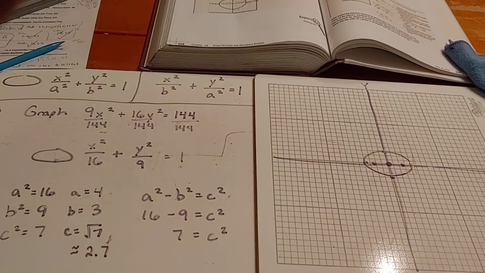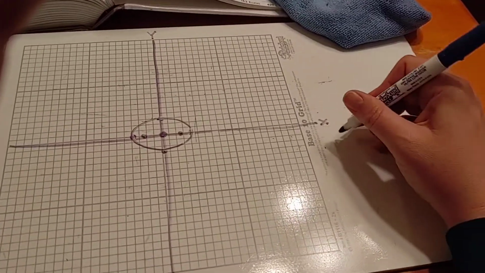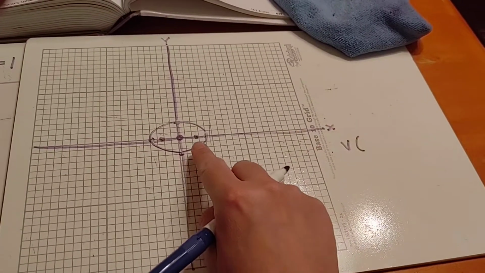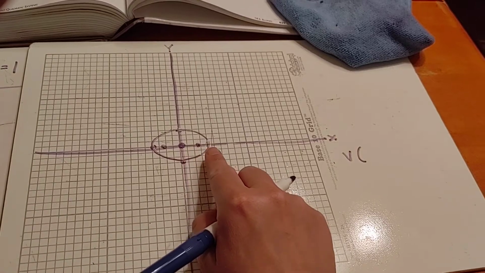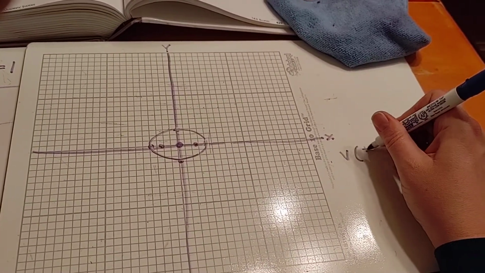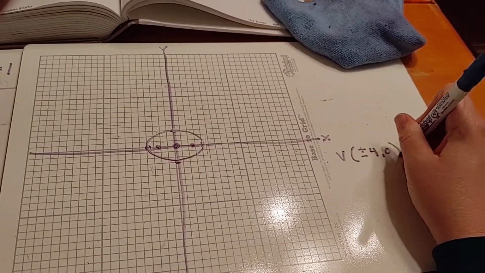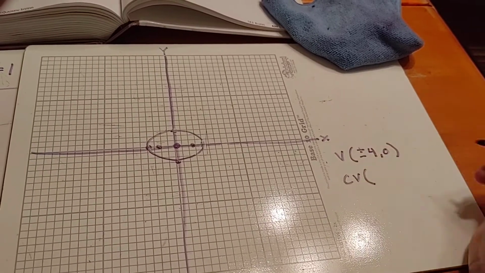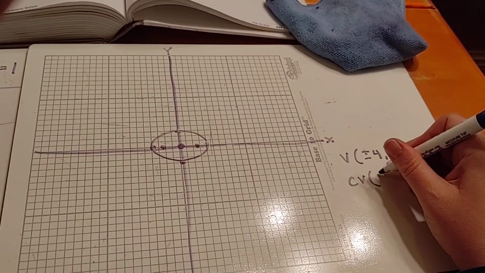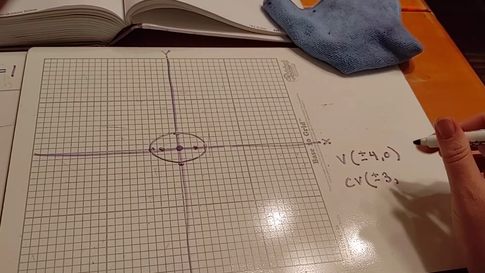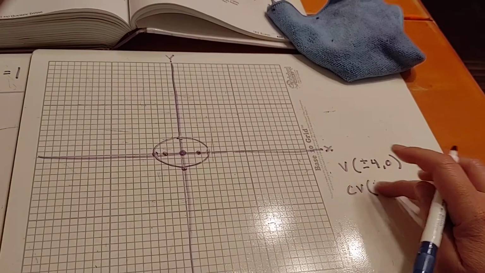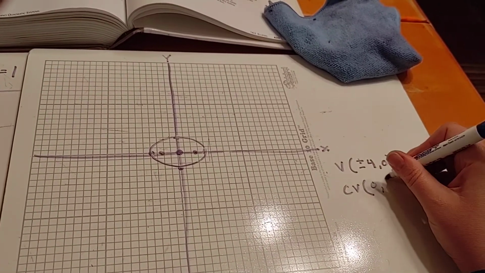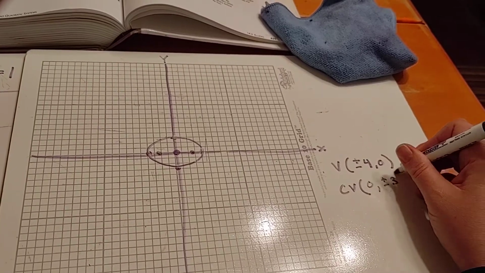So my vertices, we'll go over and look at our graph. My vertices, it appears, are located at 4 and -4, 0. My co-vertices, it appears, are located at ±3, no, excuse me, 0, ±3.